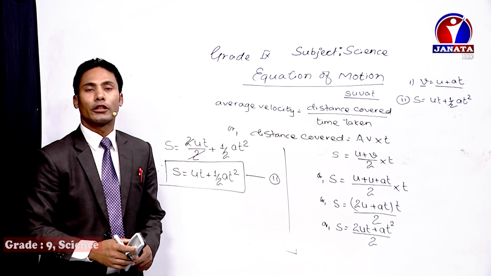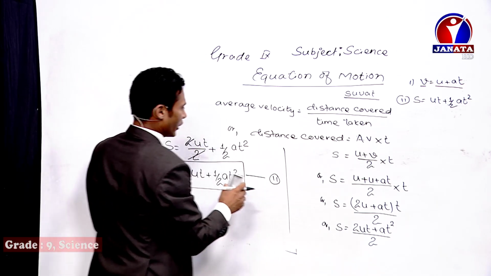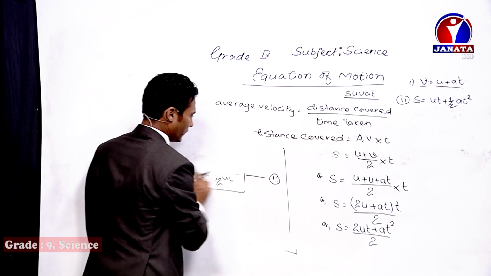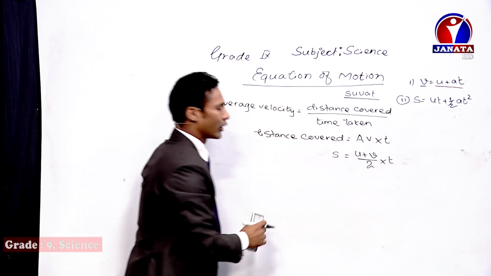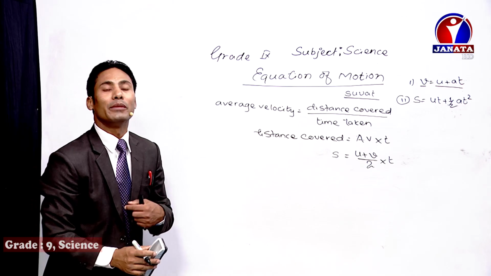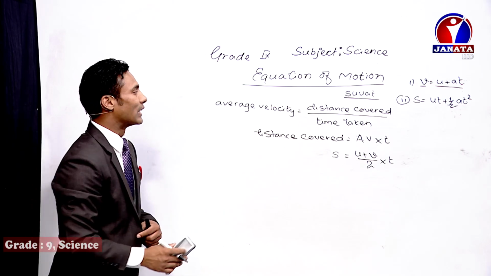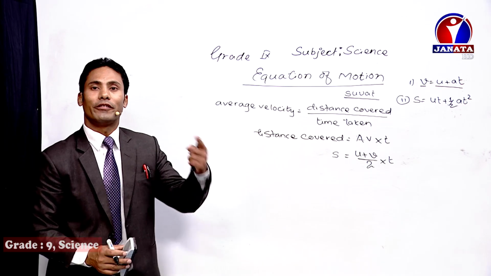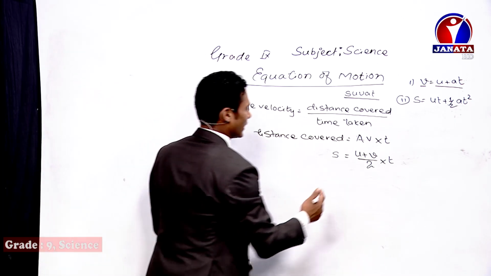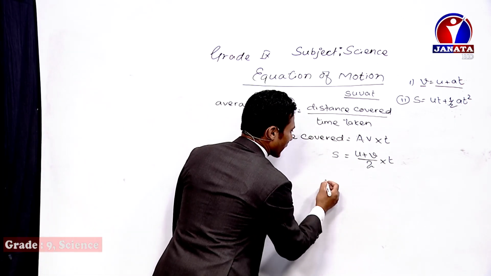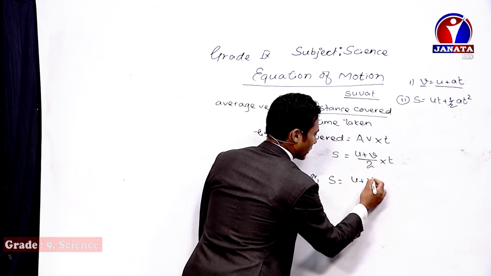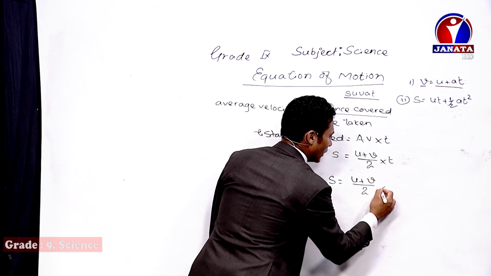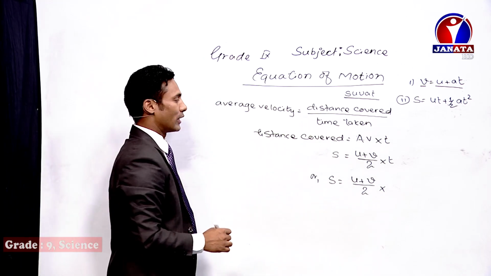Now let's move on to the third equation. For the third equation also, we'll start from here. In the third equation, time is not present. That's why instead of time, we will replace the value and simplify. From s equals u plus v by 2 into t, instead of time we replace the value.